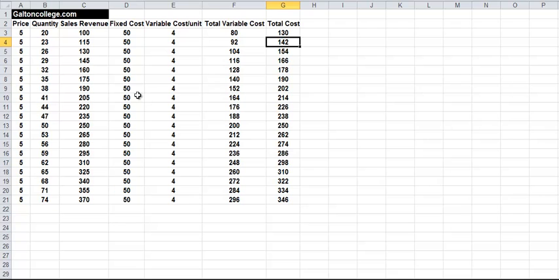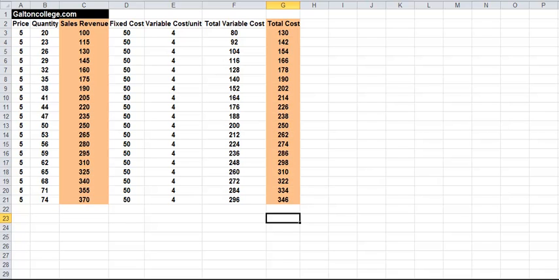So we can work out the total cost quite simply by adding the variable and fixed costs together. So now we've got two columns here which are extremely important. We've got the sales revenue and the total cost, and when both of those are balanced or are equal, that's when the break even occurs.